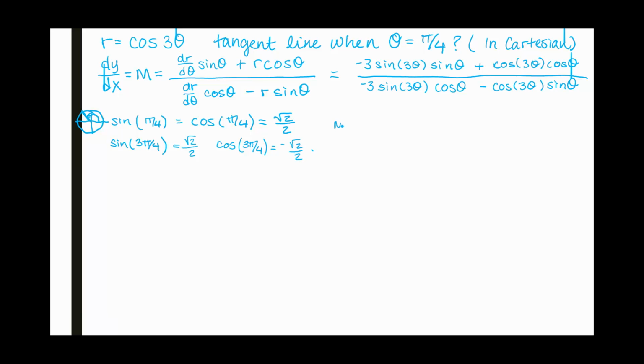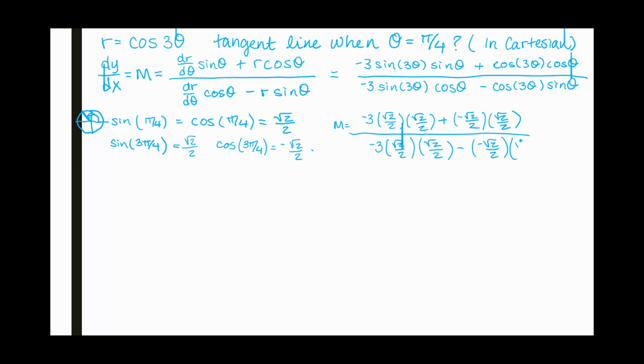So the slope we get is negative 3 times the sine of 3 pi over 4 times the sine of pi over 4 plus the cosine of 3 pi over 4 times the cosine of pi over 4, all divided by negative 3 root 2 over 2 times the cosine minus negative root 2 over 2 times root 2 over 2.